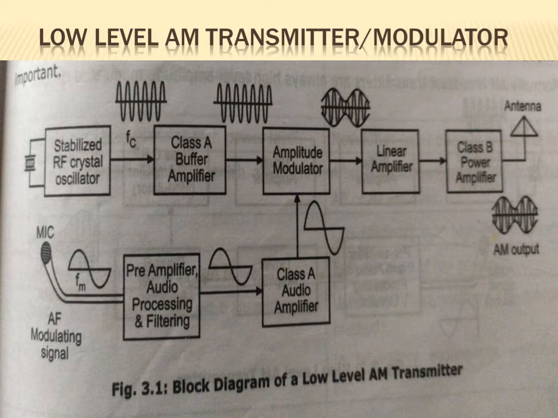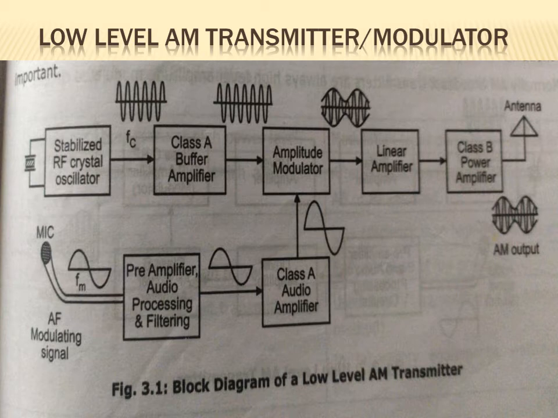We generate the AM signal from the modulating signal and the carrier signal. The carrier signal is generated from the crystal oscillator, and the modulating signal is the input coming from the mic. Both signals are modulated by the amplitude modulator, which generates the AM signal.